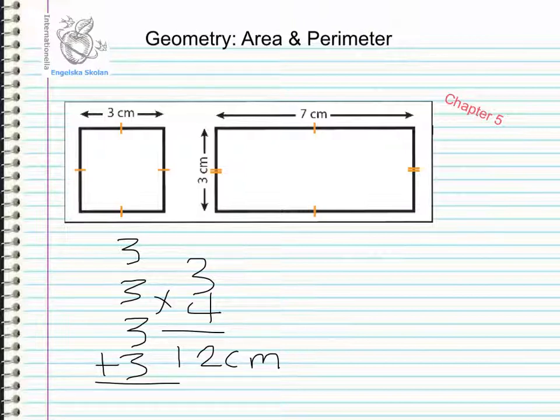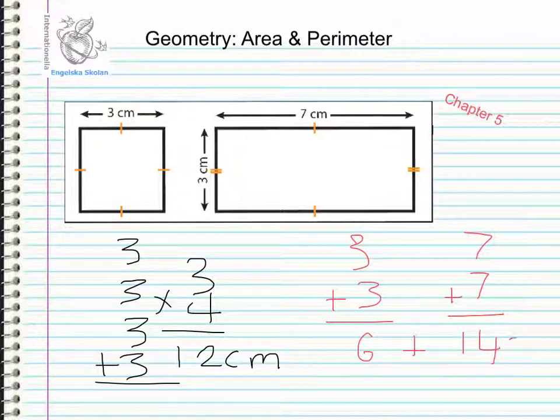We could solve this by doing 3 plus 3 equals 6 and 7 plus 7 equals 14. Adding those two together to get 20 centimeters, remembering that we always have to use our unit of measurement.